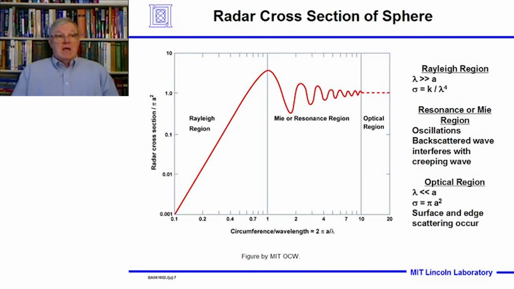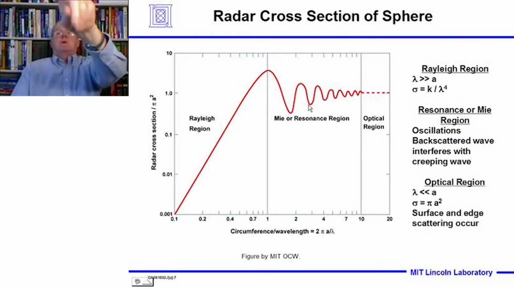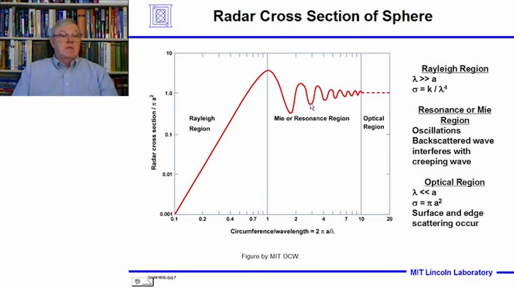So our eyes are up in this optical region, and when we see an object with electromagnetic radiation called light, the cross-section that we see is just pi r squared. What we see is pi r squared, you know, when we're way out here. Funny things are happening in here. A scientist called Mie did a lot of work looking at what happens here.